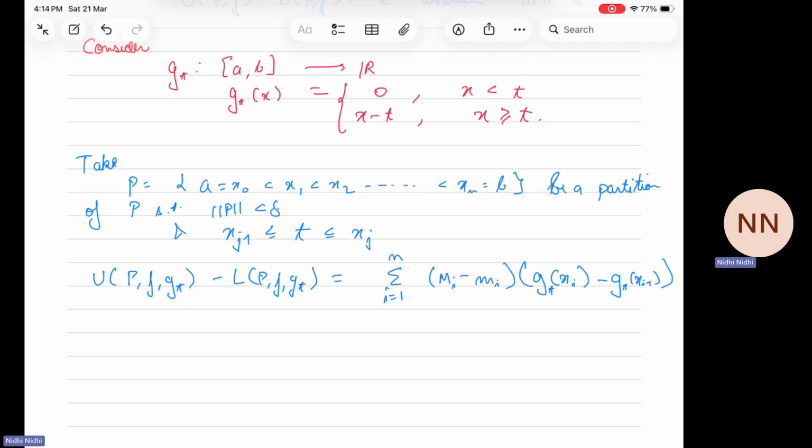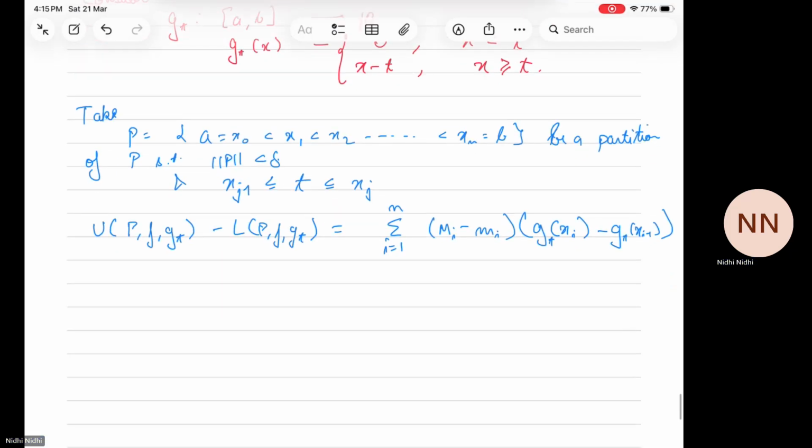Now, since this g_t is 0 for all x strictly less than t, up till x_{j-1} it will be 0. So this will be the summation i from j to n of (M_i minus m_i)(g_t(x_i) minus g_t(x_{i-1})).